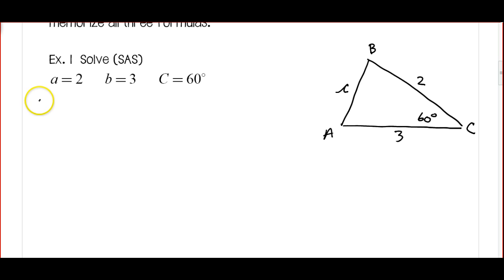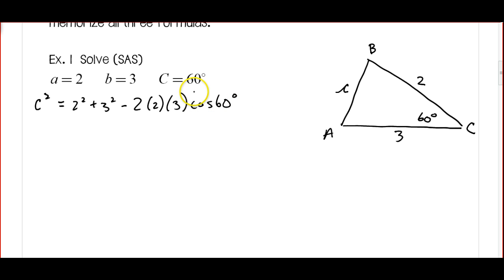So I know that c squared, anytime we're trying to find a side, it's going to be the two sides squared that the angle is included by. So it's going to be 2 squared plus 3 squared, and then minus 2 times the product of those two sides, so 2 times 3, and then times the cosine of the angle.